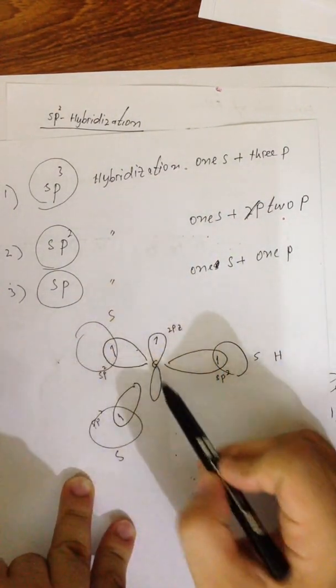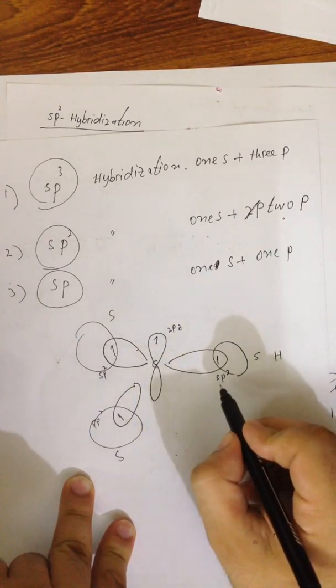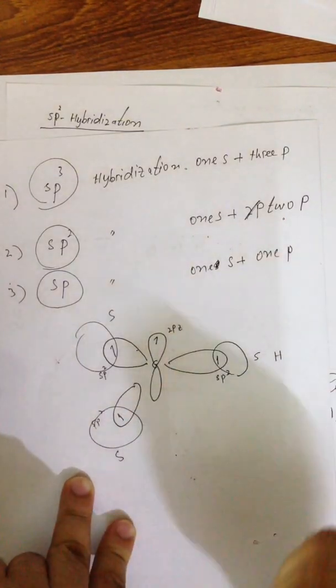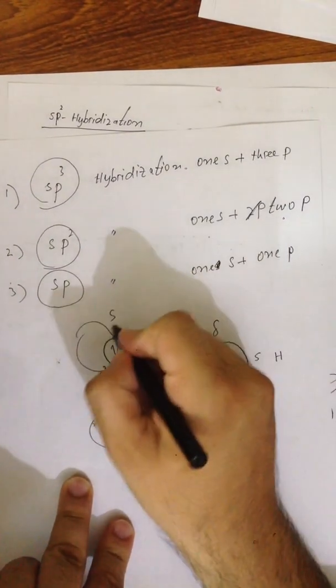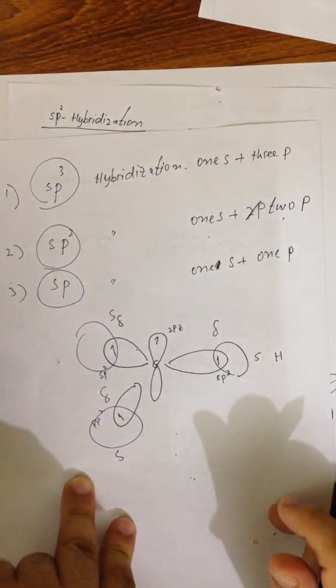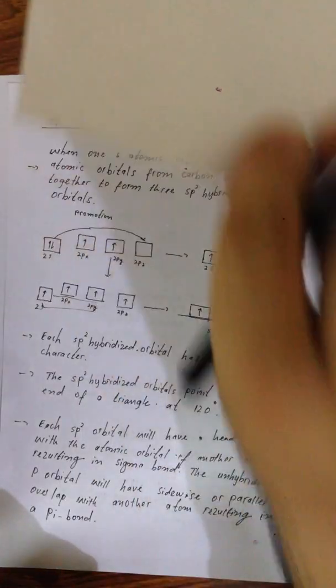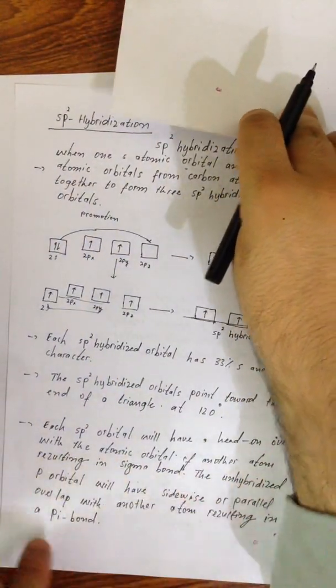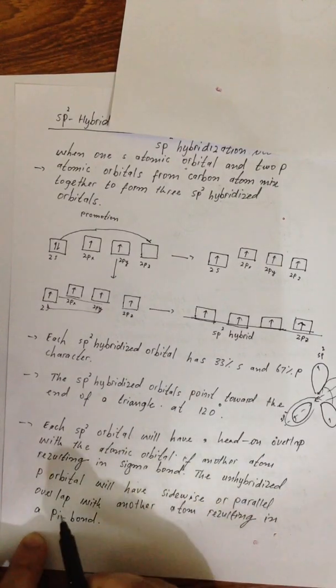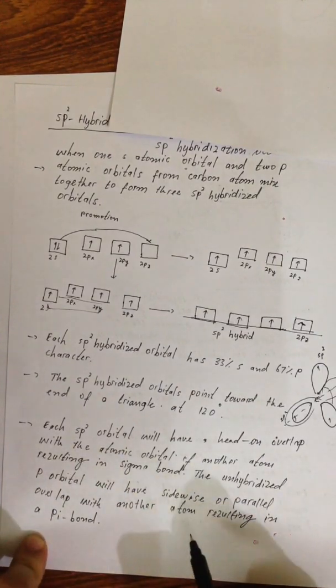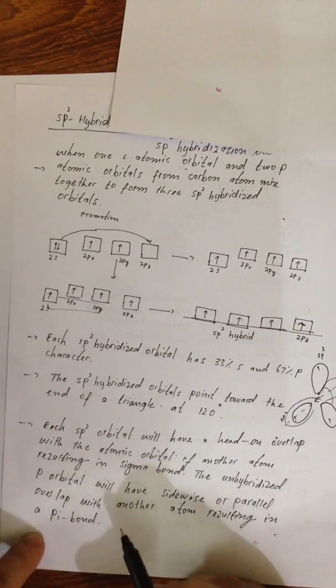This head-on overlap of the two sp2 orbitals with the orbitals of other atoms will give rise to sigma bonds. The unhybridized p orbital will have sidewise or parallel overlap with another atom, resulting in a pi bond.